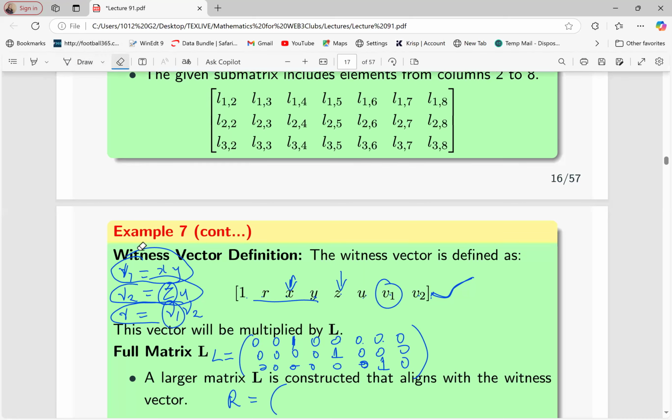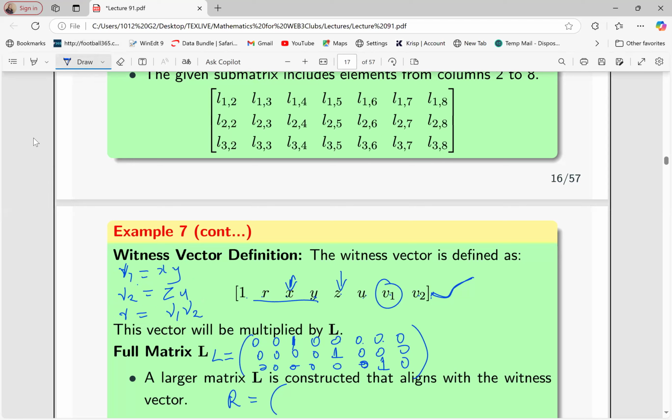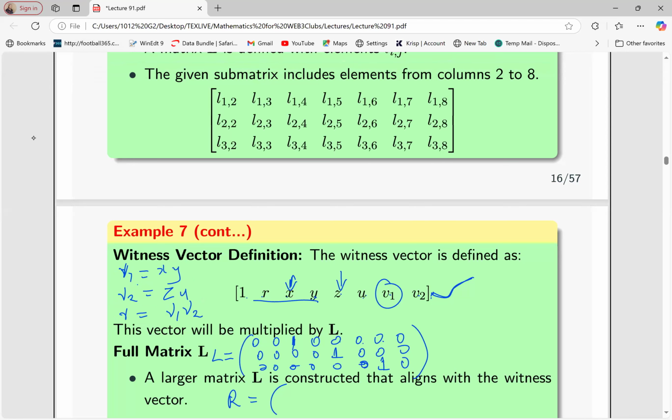We are considering the right side now. The right side of the first row is Y, so this one becomes 1, with 3 zeros before it, and the rest are zeros: 1, 2, 3, 4.